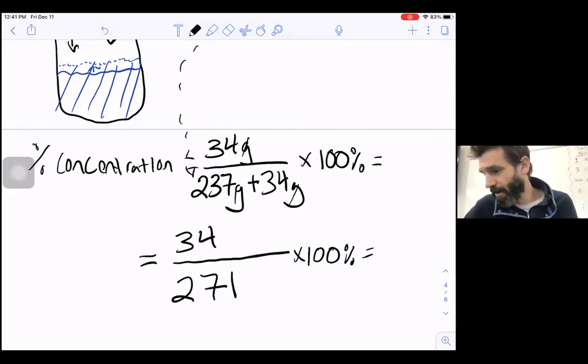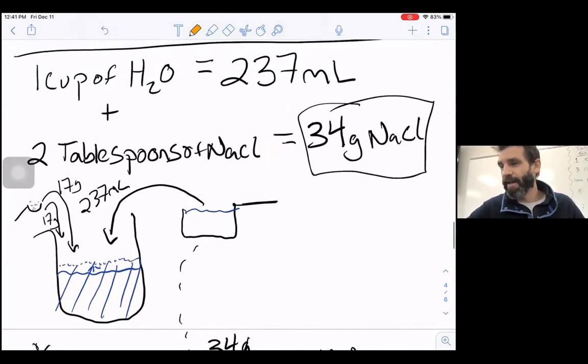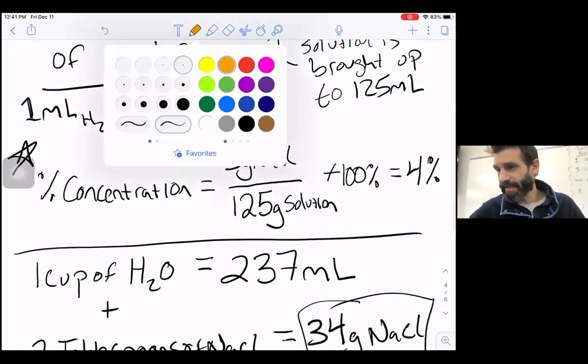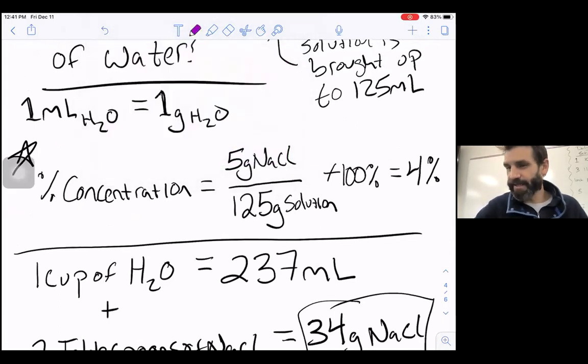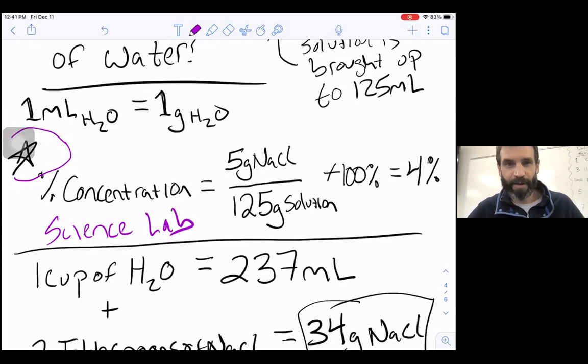And now this is approximately 12.5%. Okay, this is how we did it in the kitchen, right? This right here is science lab. This is how we do it in the science lab.